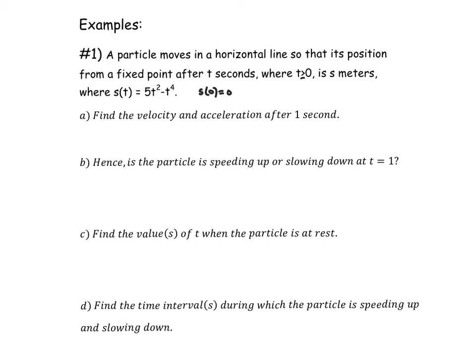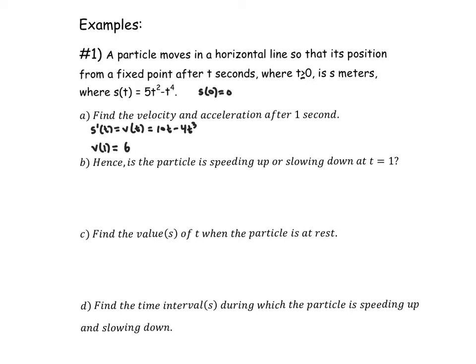It says find the velocity and the acceleration after 1 second. So s prime of t, which is equal to v of t, is equal to 10t minus 4t cubed. It wants to know what the velocity is after 1 second. So that would be 10 times 1 minus 4 times 1, which would be 6.